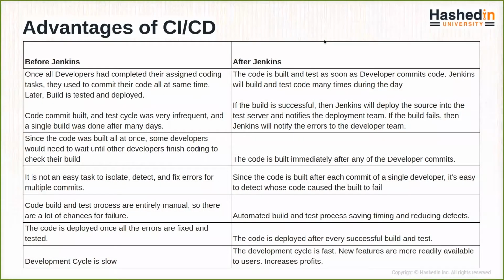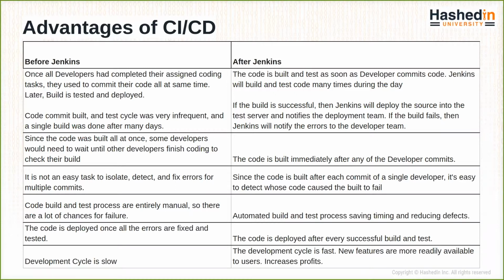So now, talking about the advantages of CI/CD. How did developers achieve CI/CD before a helpful tool came into the picture? Before Jenkins, a developer would be assigned to do some feature updates or bug fixes.